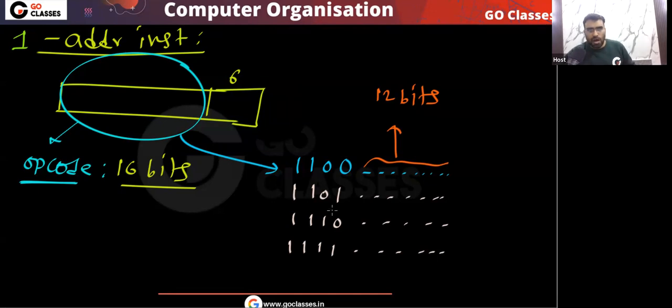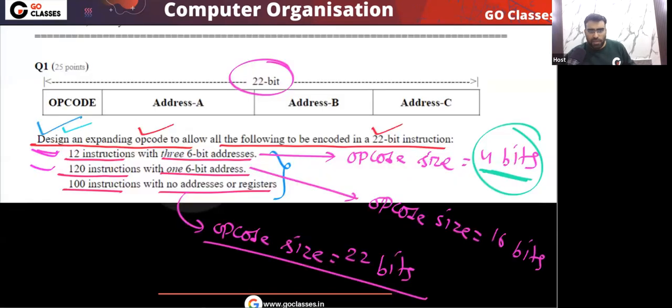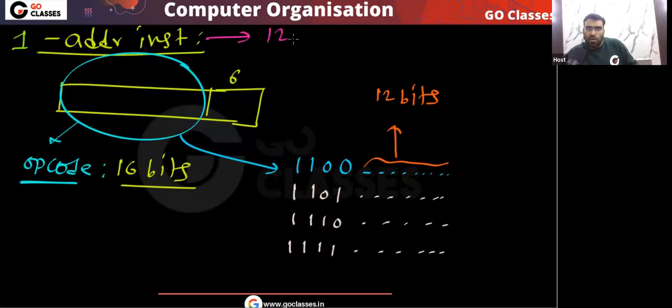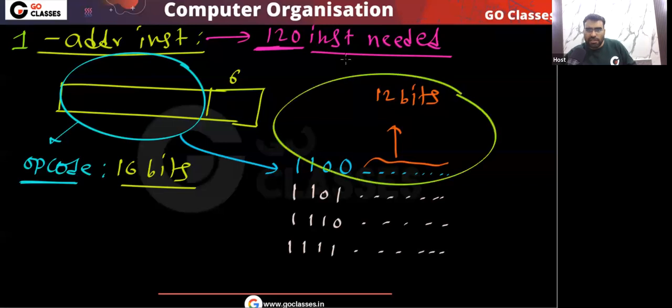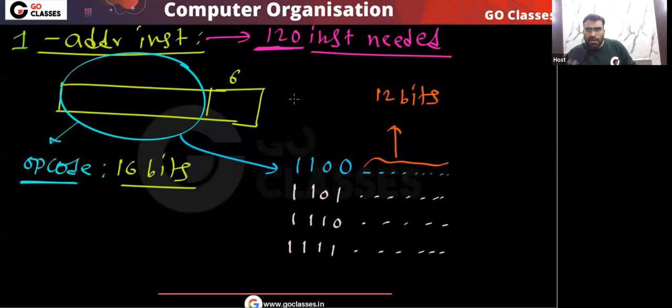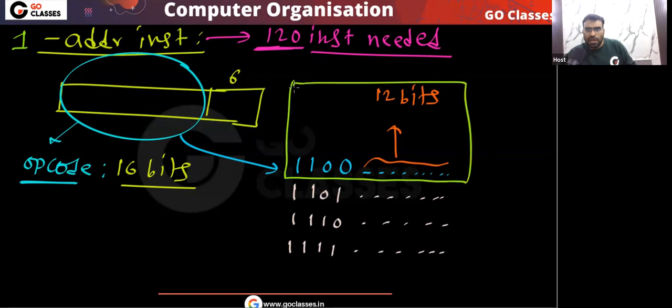How many one address instructions do we need? We need 120. So how can I get 120 instructions? I can get them here only, because here 2 power 12 opcodes you can create.